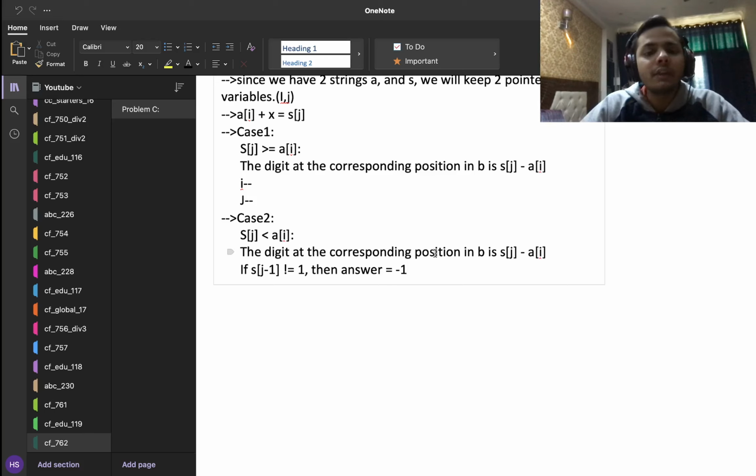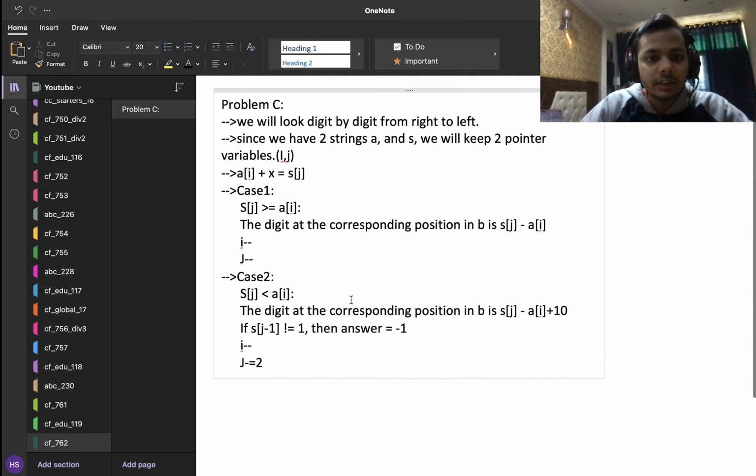Because we can't carry over greater than 10. And always if we carry over, we will get a 1 to the left of my digit, right? So we need to make sure that S of J minus 1 is also equal to 1. And if that is the case, then the digit at the corresponding position in B is going to be S of J minus A of I plus 10. And in this case, we will do I minus minus and J minus equals 2, right?